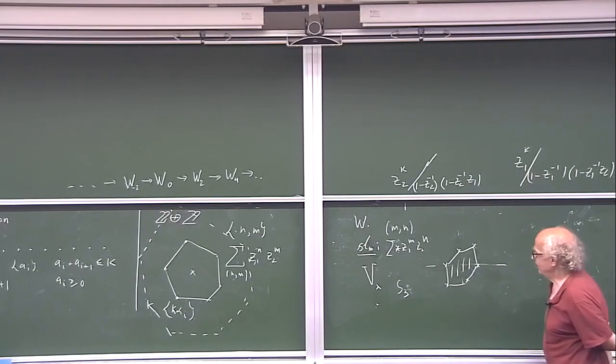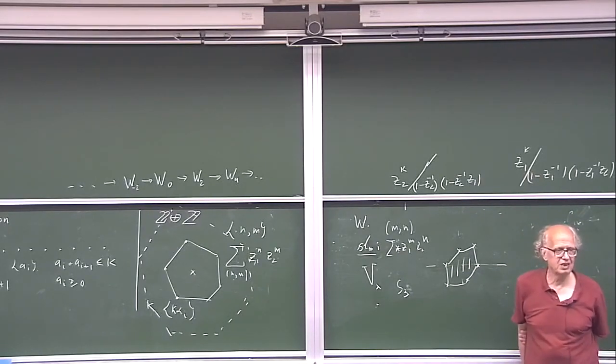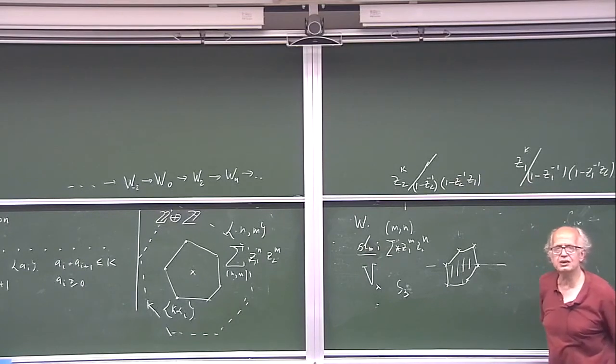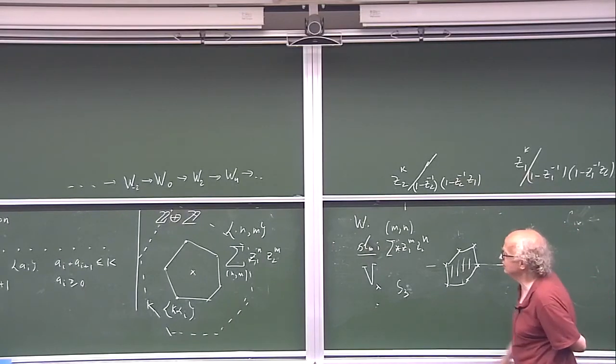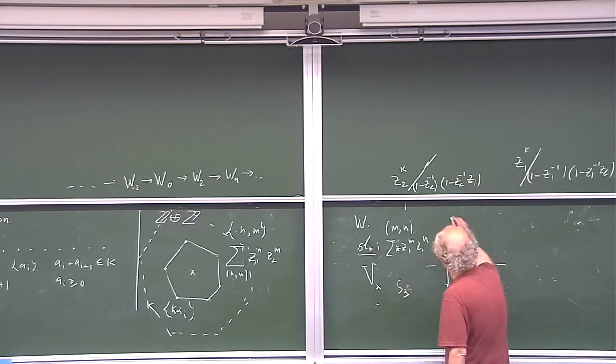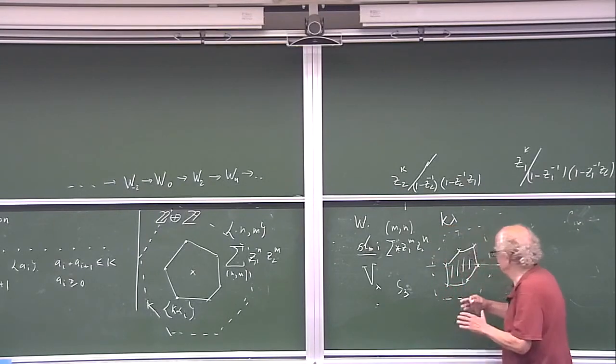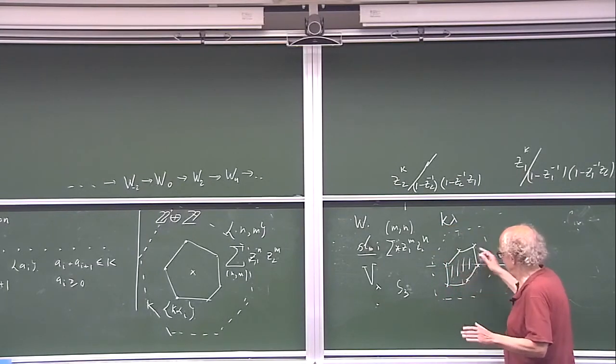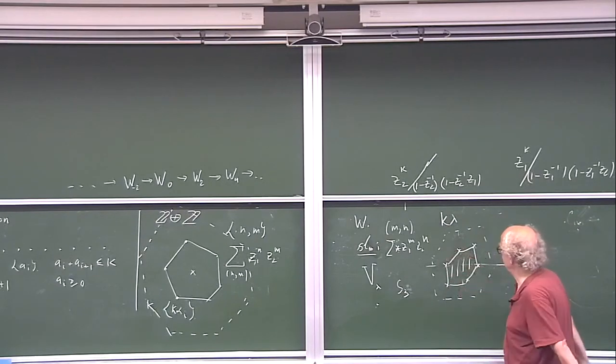But what does the Weyl formula actually say? The Weyl formula says just the same thing as Brion. We can take this lambda and put some parameter k here, considering this polytope bigger and bigger.